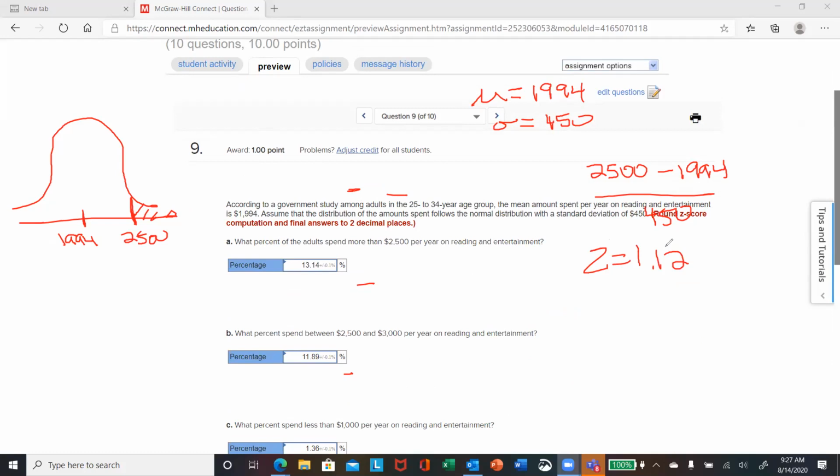I'm looking at my table right now. 1.12 is 0.3686. So your table is going to give you 0.3686 from 0 to this part. So just take 0.5, subtract out 0.3686, and that should give you your 0.1314. That would be your first one.